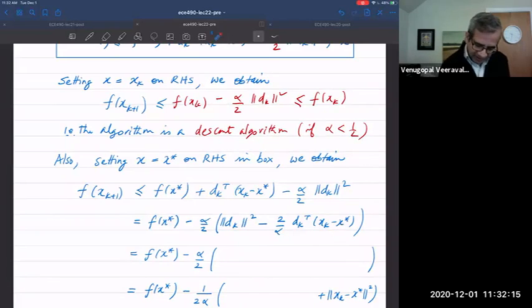But I noticed that this is in a form that maybe I can write as a quadratic by completion of squares. So I have a square term here and a middle term here. To complete the square of this term, there's already a 2 here. I need xk minus x star divided by alpha squared.